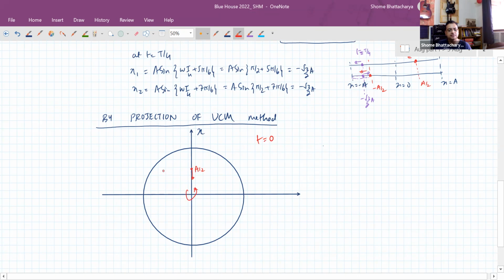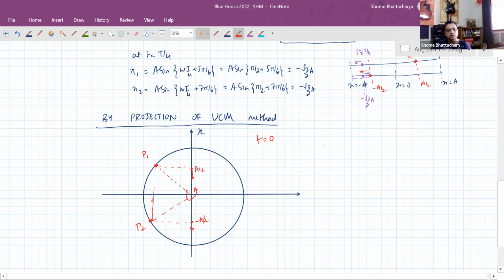So if omega is like this, that means the first particle is here. So this is where our particle 1 is at t equal to 0. And our second particle is at minus a by 2 and also moving downwards. So our second particle is here at t equal to 0.